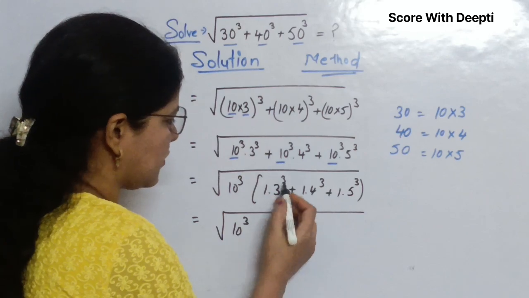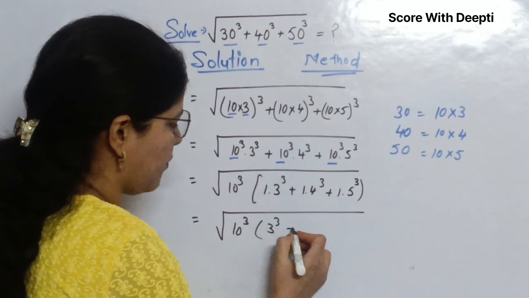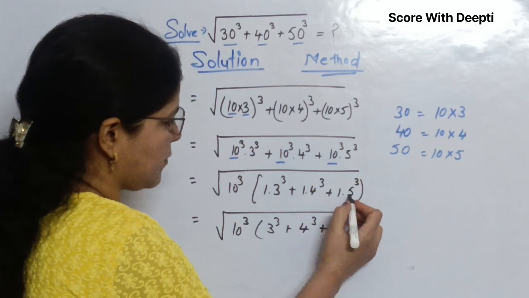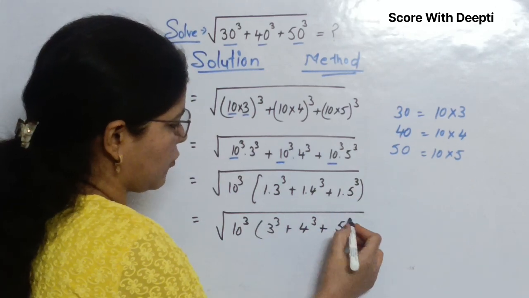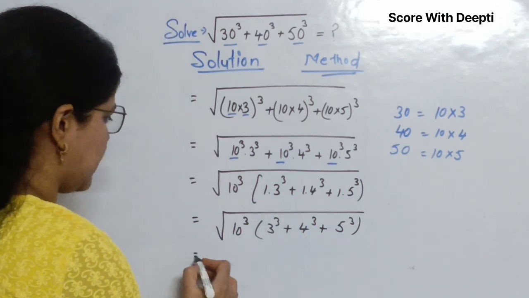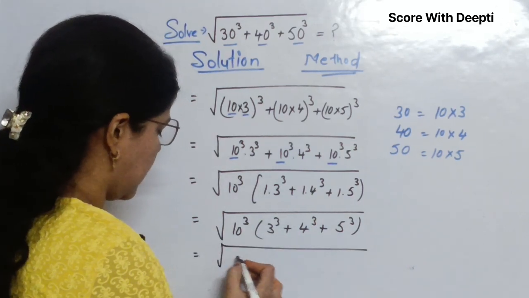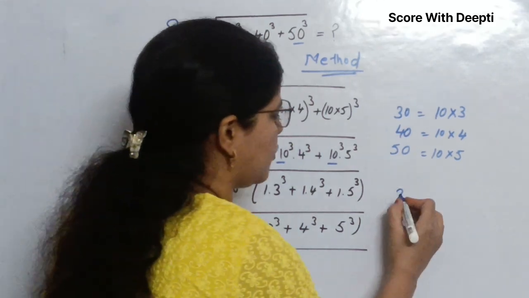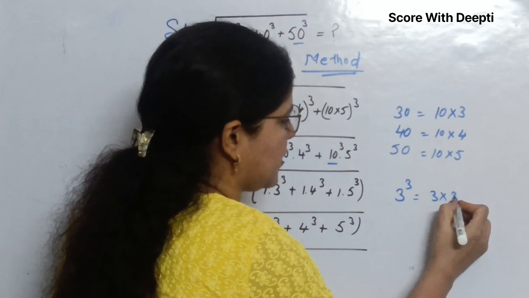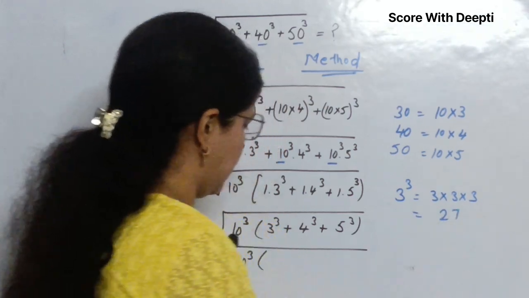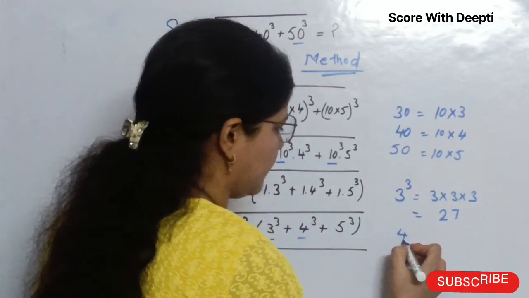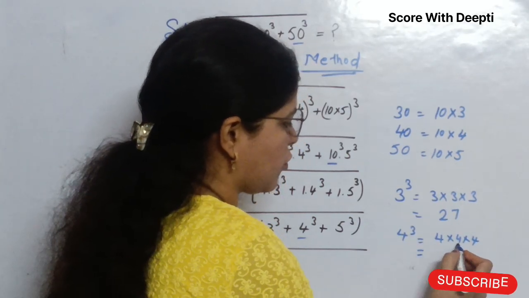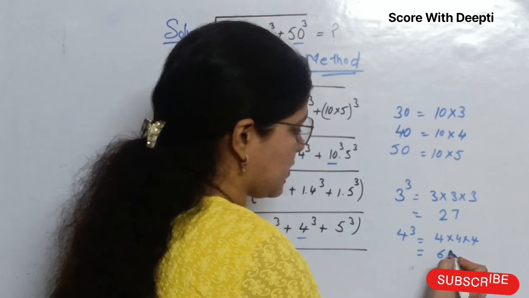Now multiply 1 with 3 cube, we get 3 cube, plus multiply 4 cube with 1, we get 4 cube, plus multiply 1 with 5 cube, we get 5 cube. Next, square root under 10 cube into 3 cube. 3 cube equal to 3 multiply 3 multiply 3, we get 27, and 4 cube equal to 4 multiply 4 multiply 4, we get 64.